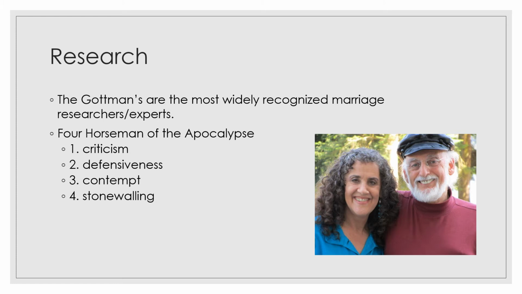The Gottmans claim that contempt is one of the most significant predictors of divorce, that once that contempt builds up over time, that is a very, very, very high predictor that the couple's relationship will not stand.